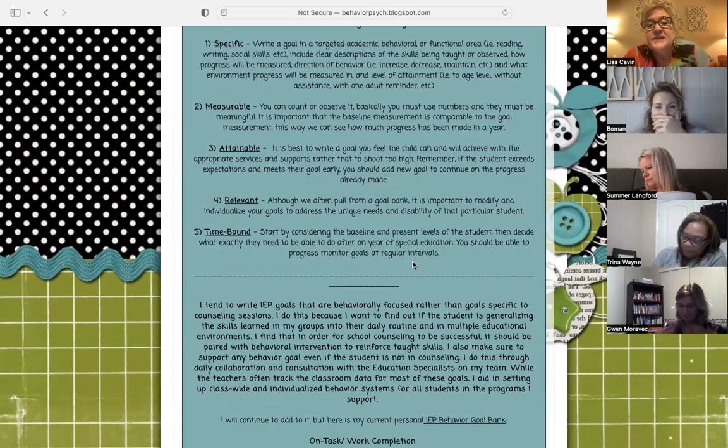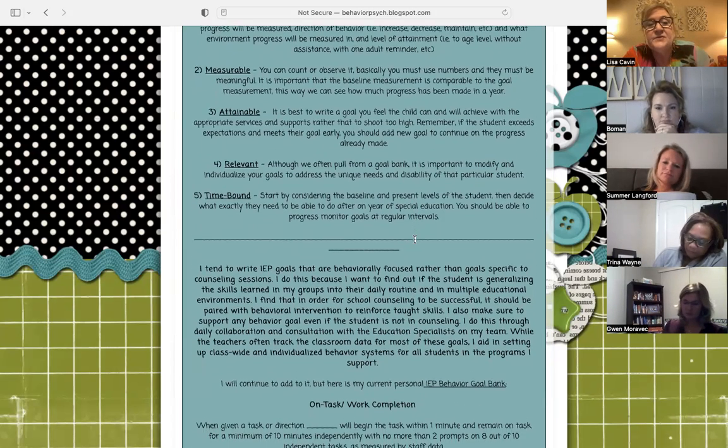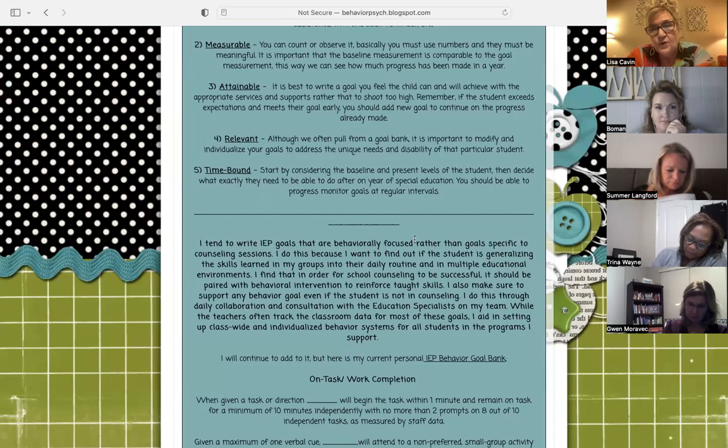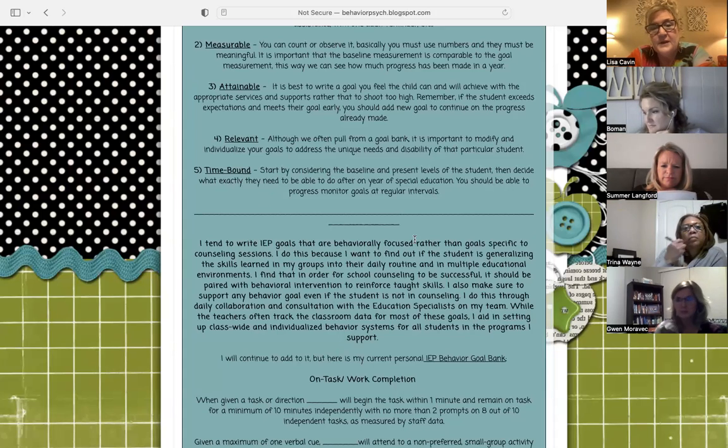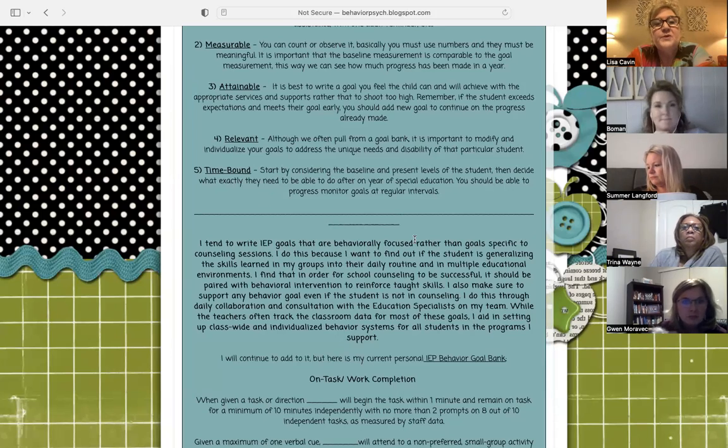And then the A is for attainable. It's got to be something that the student can actually get toward within the allotted time period. So make sure that your goal, or those that are being written for your students by others, are attainable. It's best to write a goal you feel the child can and will achieve with the appropriate services and supports, rather than to shoot too high.